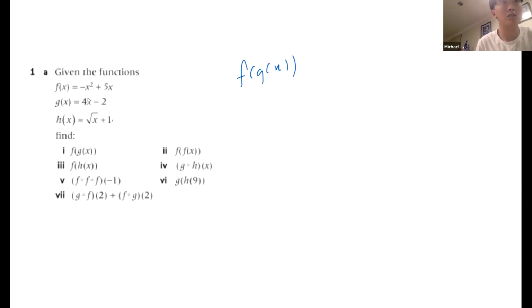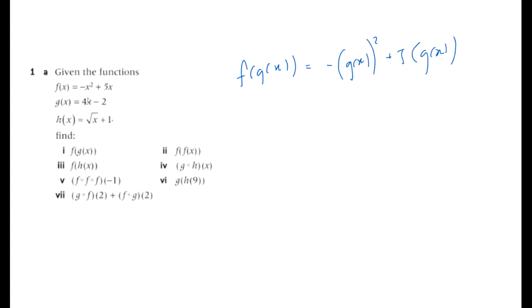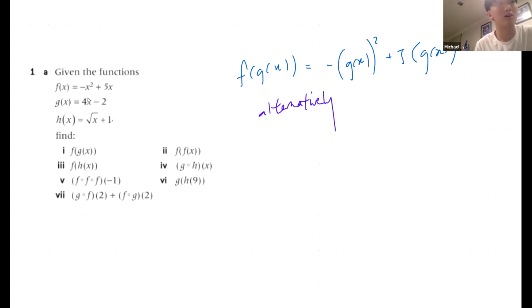First of all, there's two ways of doing this. One way is to treat the g(x) as an object and put it inside x straight away. So you get negative g(x) squared, right, plus 5g(x), right? Alternatively, you can have f of 4x minus 2.